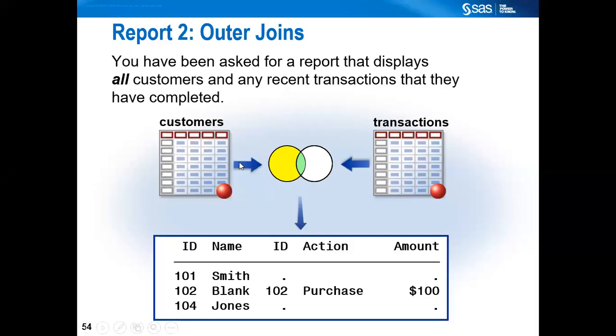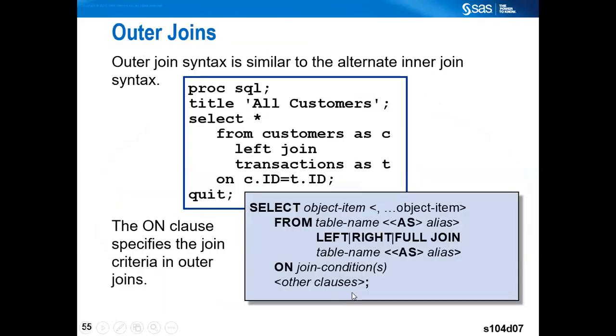So let's understand your outer join from the slide. To get this outer join, they are using the left join. They're selecting all the columns. You can select from your table alias.